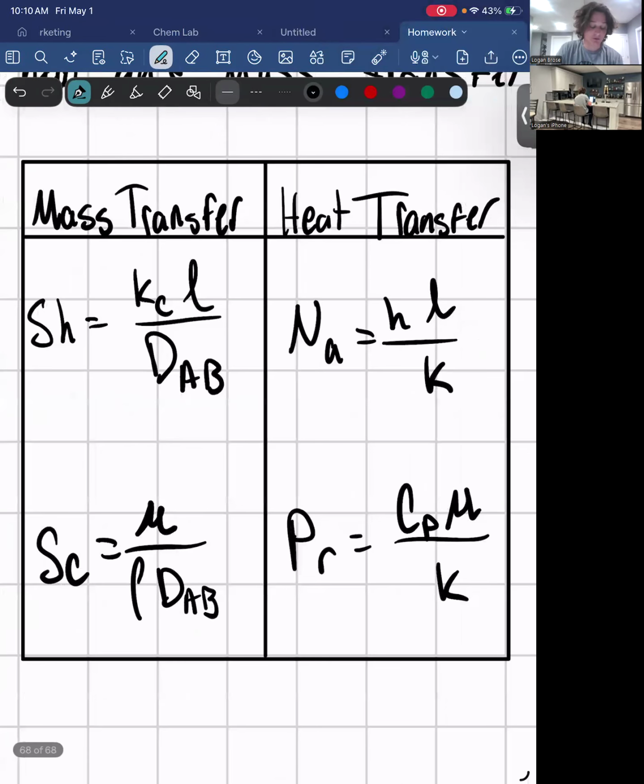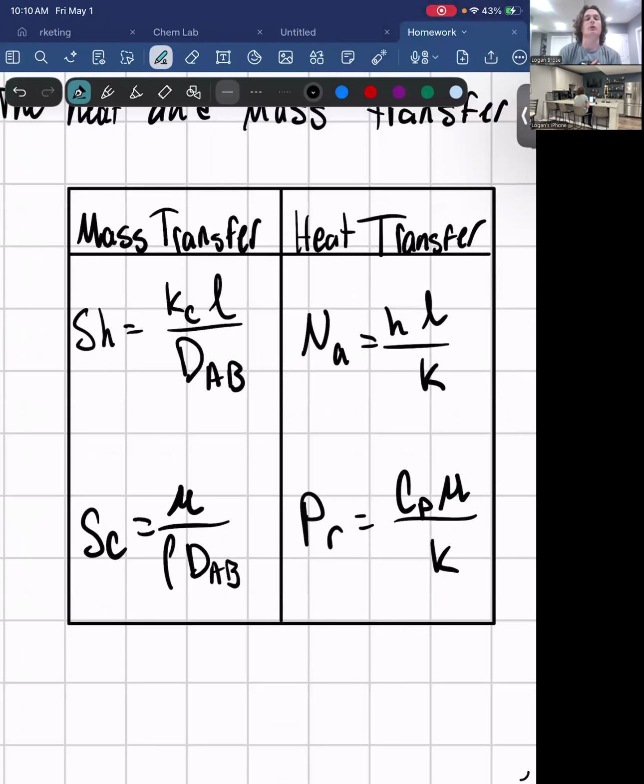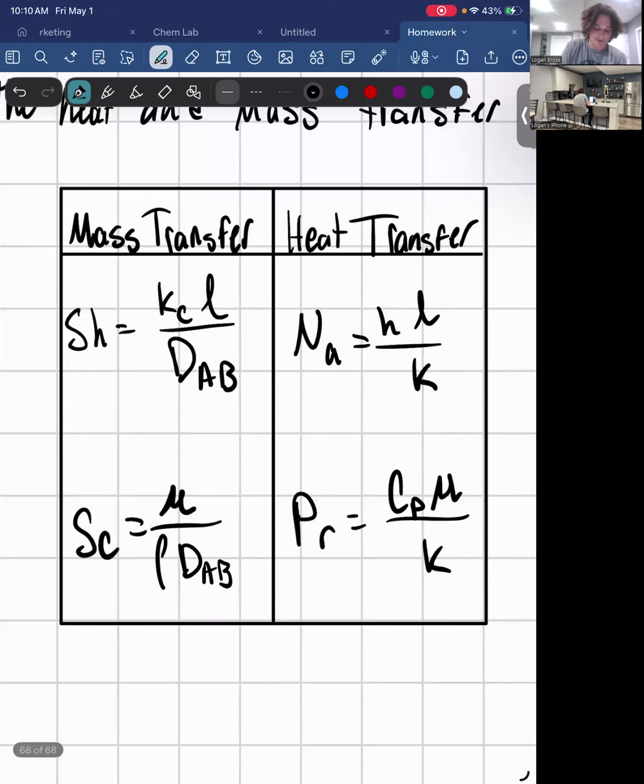So we have our Sherwood number, which is our convective mass transfer over our diffusive mass transfer. And then to the right of that, we have the Nusselt number, which is our convective heat transfer over our conductive heat transfer.